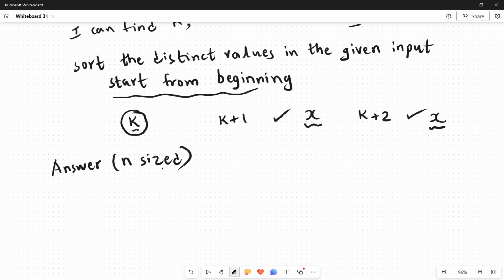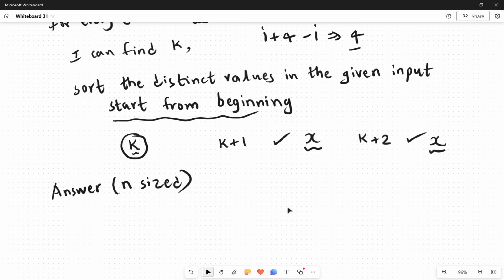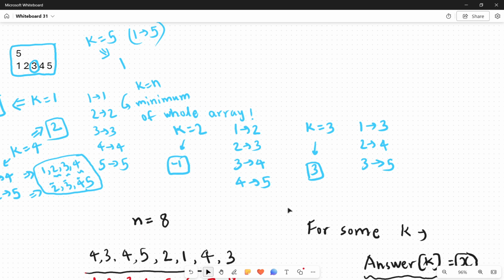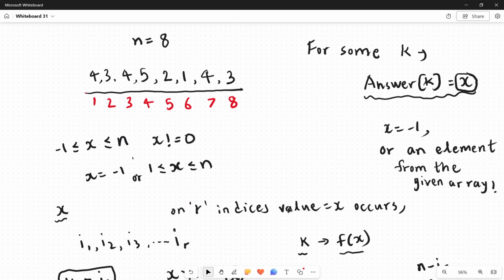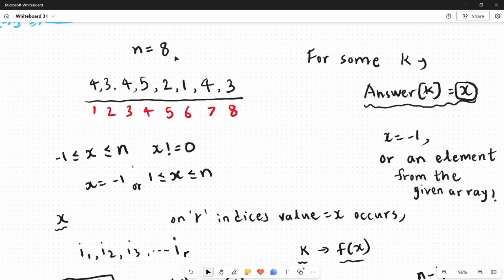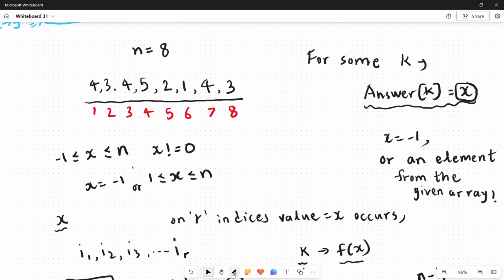Let us take a look at this sample test case, then you will be more confident to carry the logic I've explained with you.